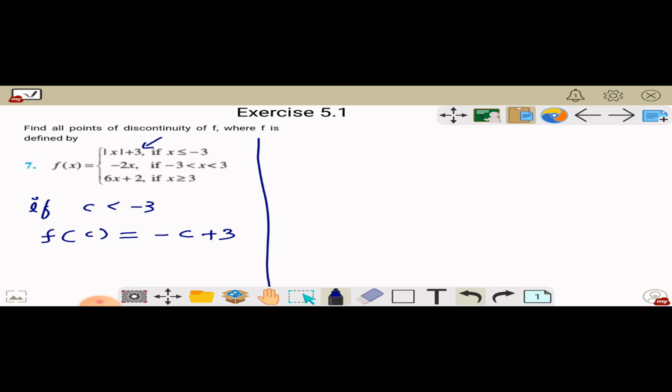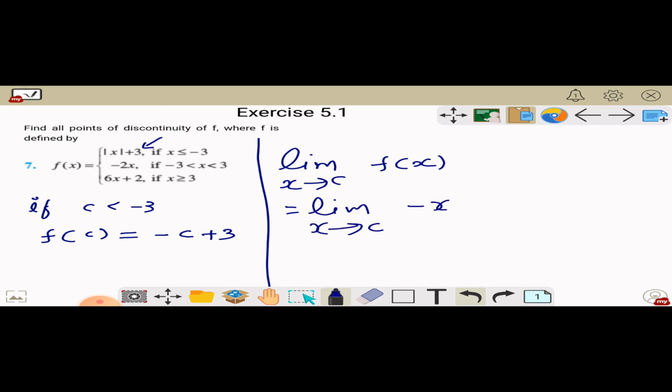So let us find the limit of this function. Limit x tends to c, f of x is equal to limit x tends to c of minus x plus 3, because x is less than minus 3, which is equal to minus c plus 3.